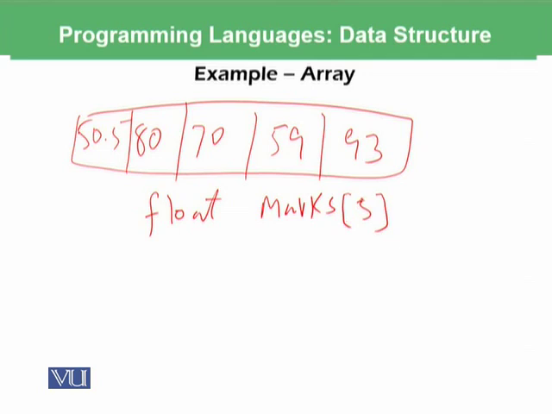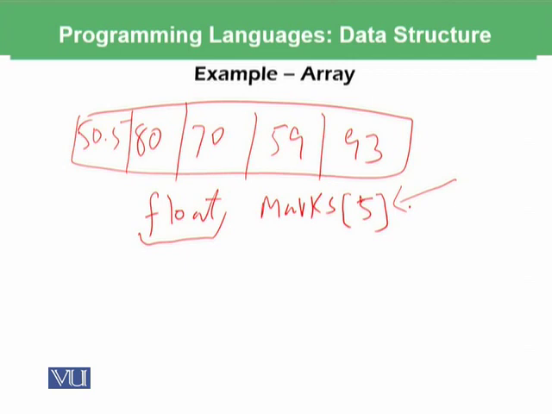This 5 means that we need 5 consecutive memory locations in the RAM of type float, and these will be given to us in the shape of an array. So this statement is known as defining a float type array of 5 elements.